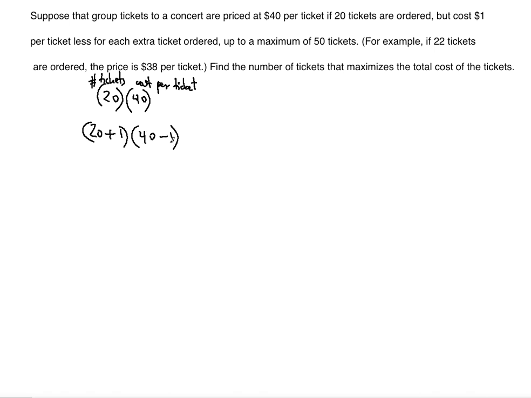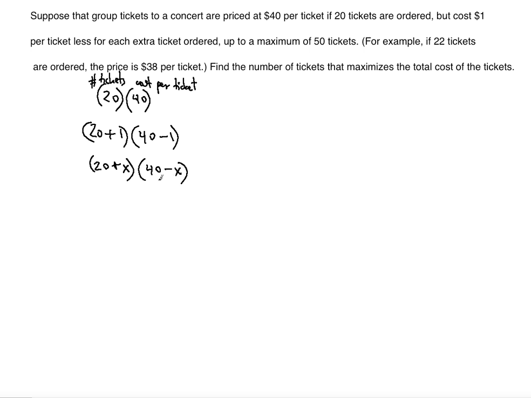Okay, so in the same fashion, as you see, one increases by 1 each time, or multiples of 1, while the other, the cost per ticket, decreases by the same multiples of 1. So we can have 20 plus x, where x will mean the number of increases by 1, while 40 will decrease by the number of these increases.